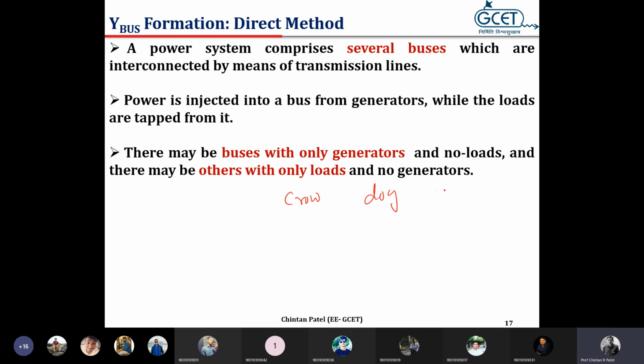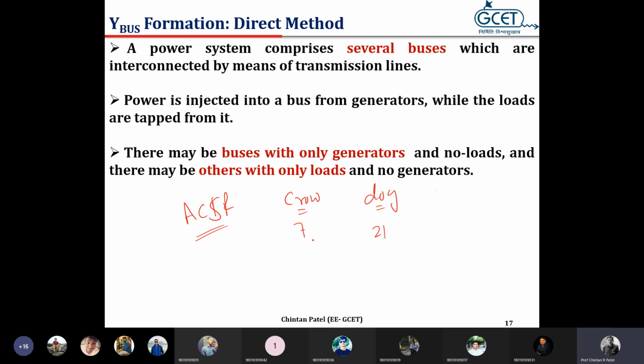Their material may be the same. They are ACSR conductors. You have studied what ACSR is, right? Aluminum conductor steel reinforced in PS1. So crow and dog are both ACSR conductors, but the number of strands will be different. This may be a 7 strand conductor and this may be a 21 strand conductor.